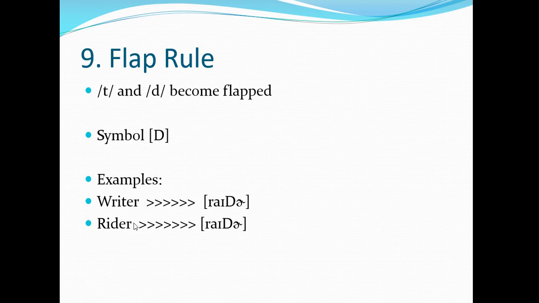And also in the word writer, you can see that there is a difference between the American and the British pronunciation in this case. You can notice that American people use the flap rule. Instead of saying writer or rider, they say rider. This is the flap rule, which is a characteristic of American pronunciation.